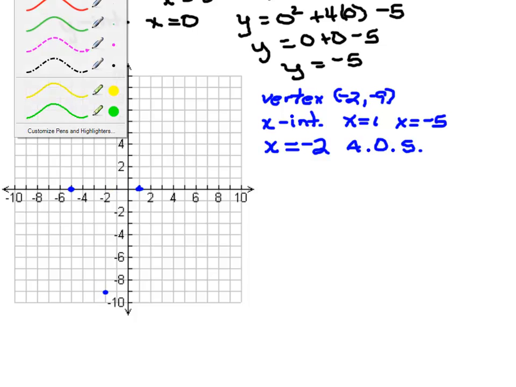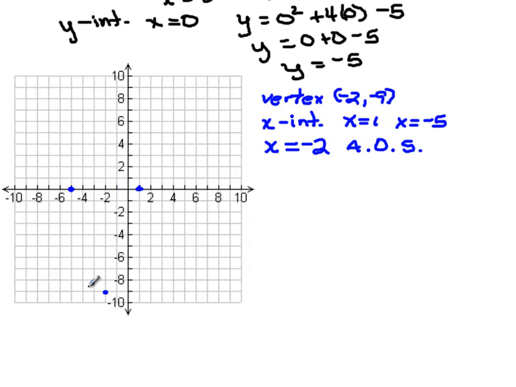And the axis of symmetry is a line, and what it does is it goes through the vertex, and it's a line that's not part of the graph, but it's that, again, that imaginary fold line. So some teachers will want you to graph it in, some teachers won't. I'm graphing it in for emphasis here to explain. So I'm just kind of making a little dotted line through that area.